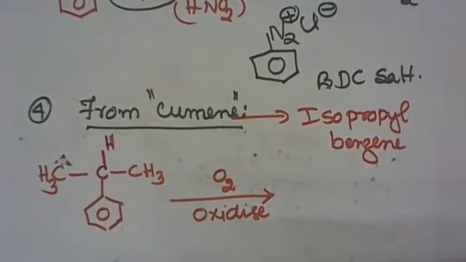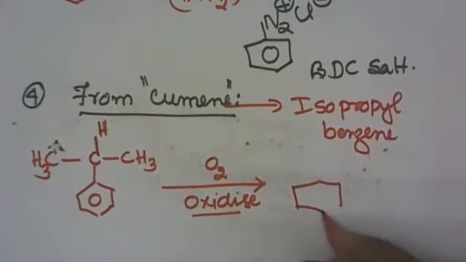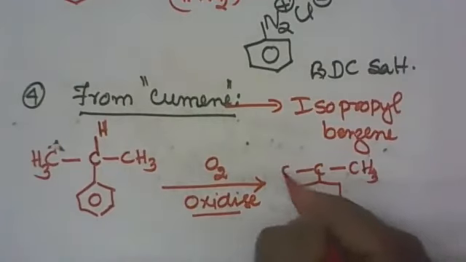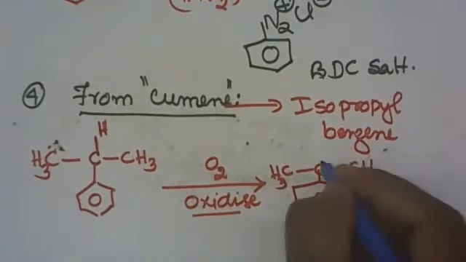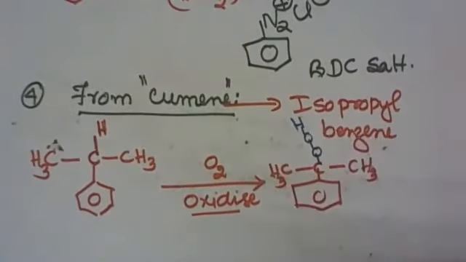The carbon hydrogen bond breaks, getting oxidized. Addition of oxygen is called oxidation. So we'll get the benzene ring attached to CH3 and CH3, then oxygen comes, then hydrogen.